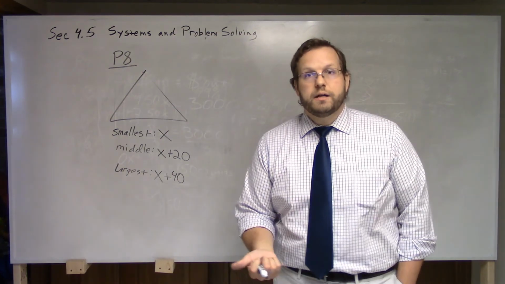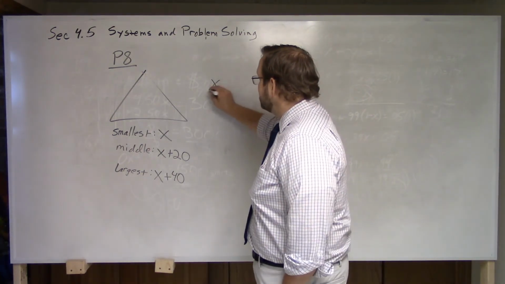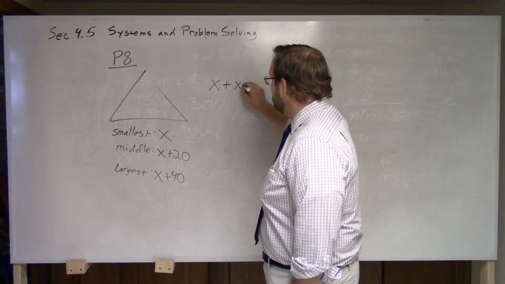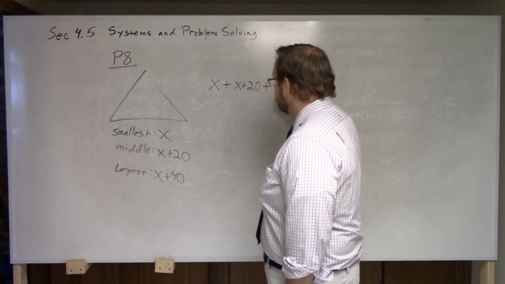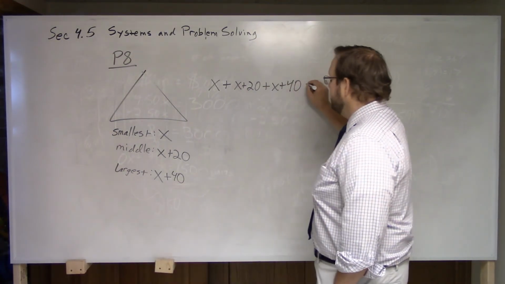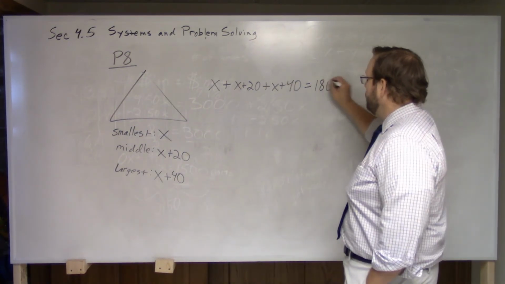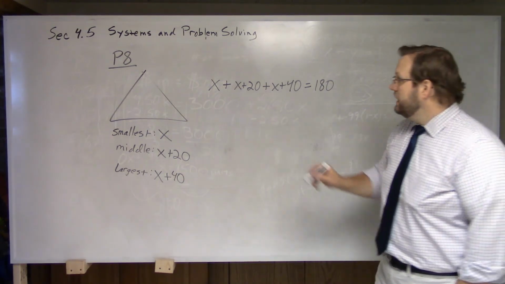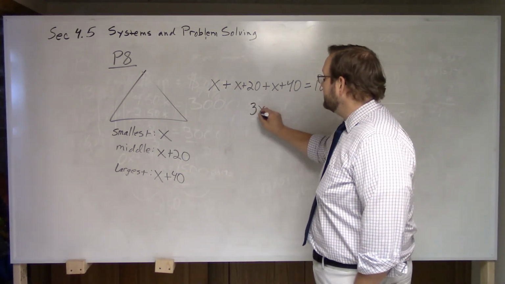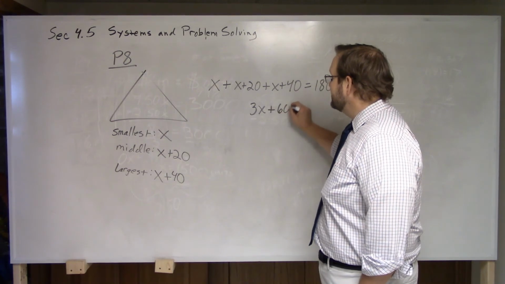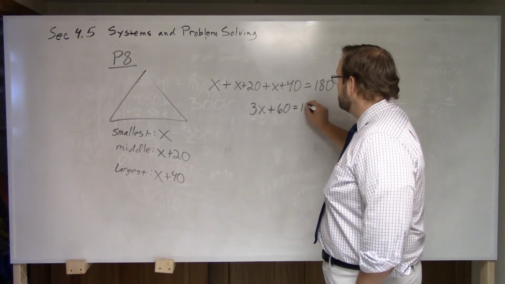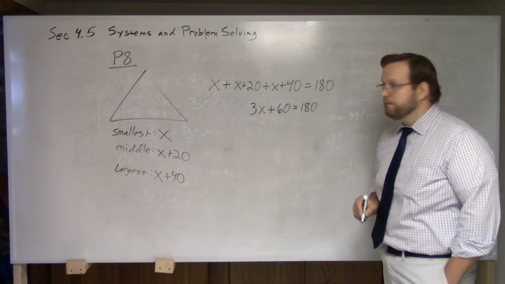They have to add up to 180. So I have x plus 20 plus x plus 40 equals 180. And that gives me 3x plus 60 equals 180.